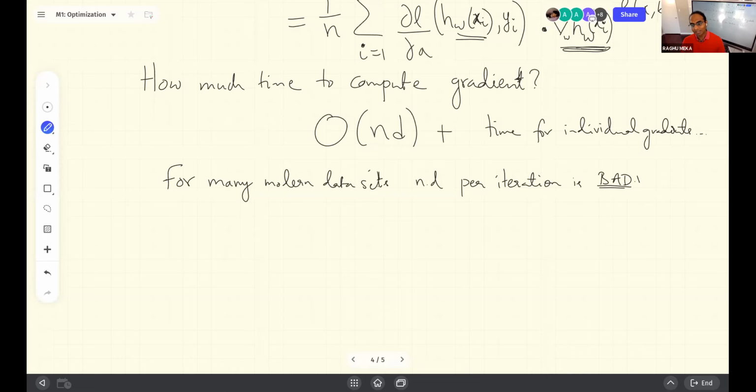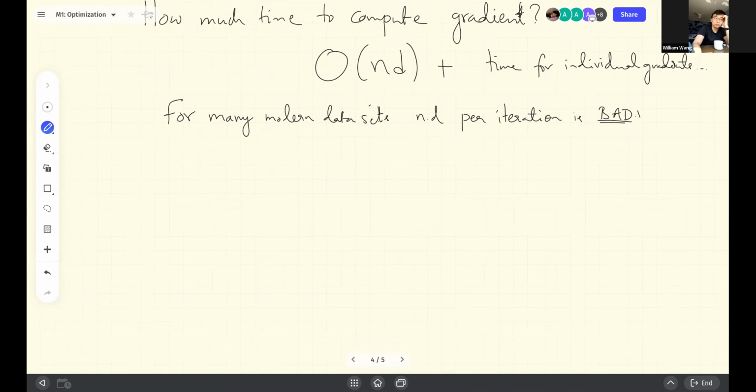But what if I don't get access to the steepest descent, but something approximately like it? I could potentially try that instead of moving along the gradient. So that's the main principle behind what is known as stochastic gradient descent.